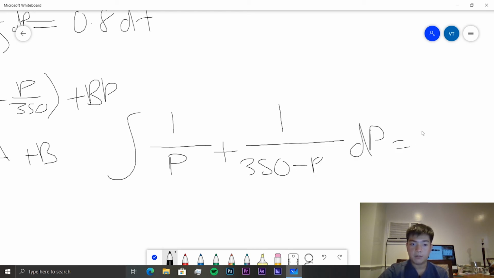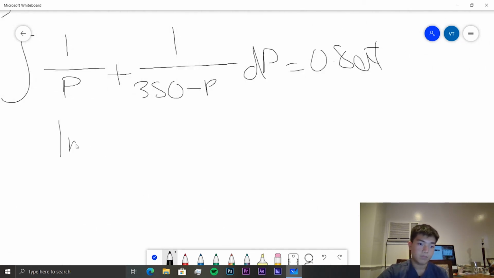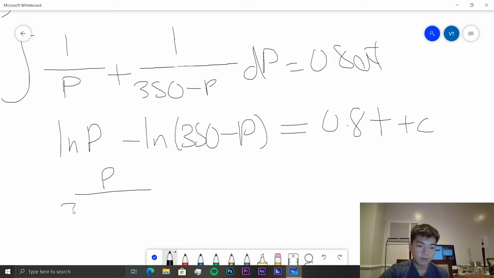dp is equal to 0.8 dt. So we have ln p minus ln (350 minus p) is equal to 0.8 t plus c. So we have p over (350 minus p) is equal to some variable, say c times e to the 0.8 t.